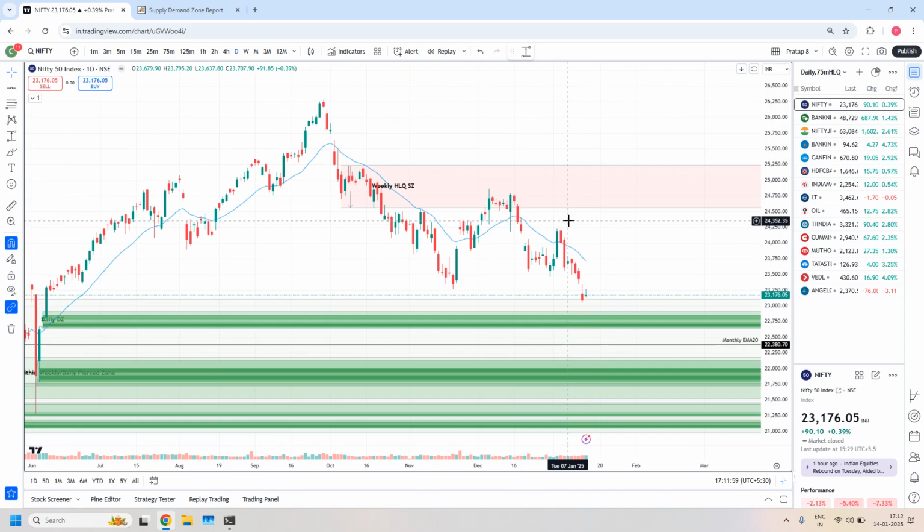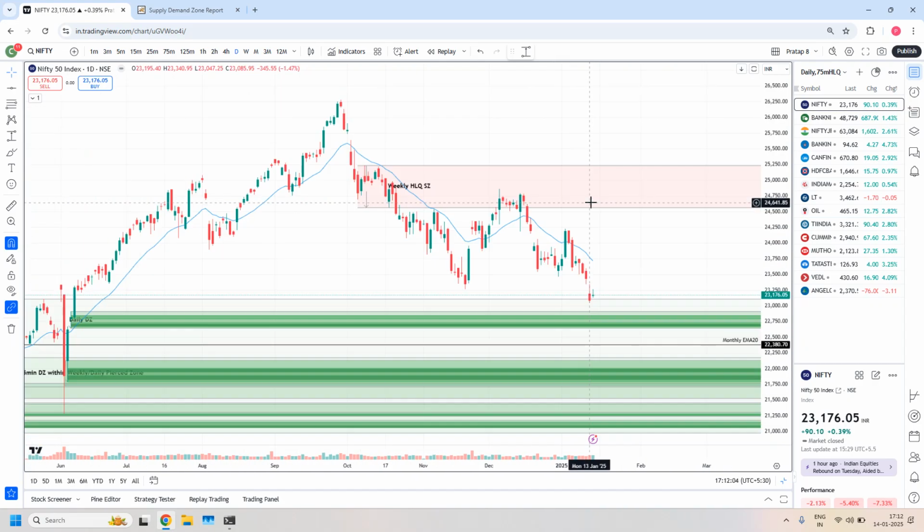I didn't focus on the supply zones, only the weekly zone I have drawn here. You have some high liquidity zones. Every day I am generating the Nifty and Bank Nifty supply demand zone chain, so please refer there. Those high liquidity supply zones, on a daily time frame or 75 minutes time frame you can draw, and then you can prepare your short trades also.